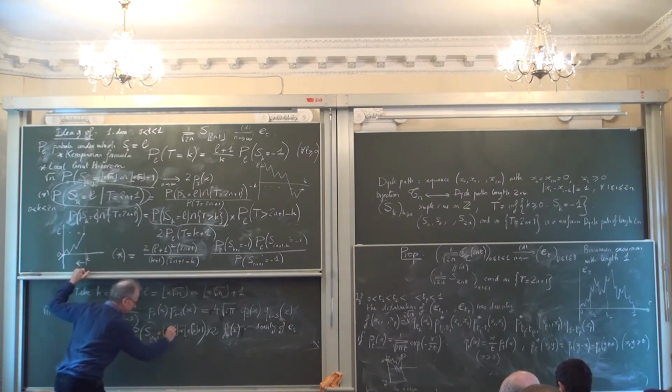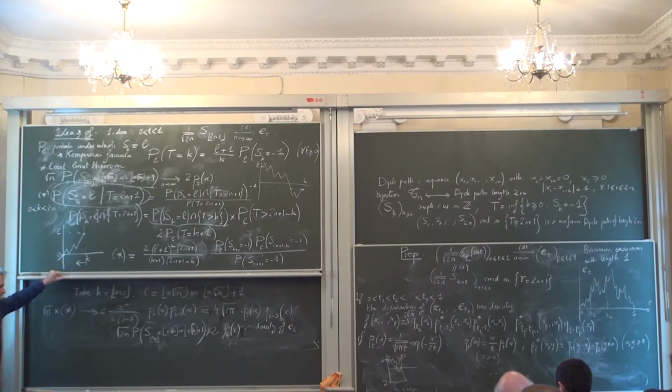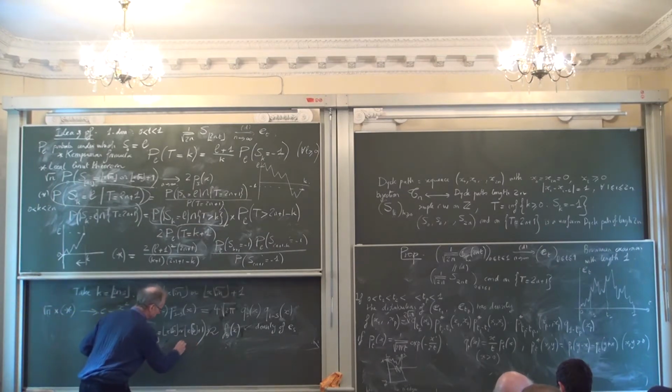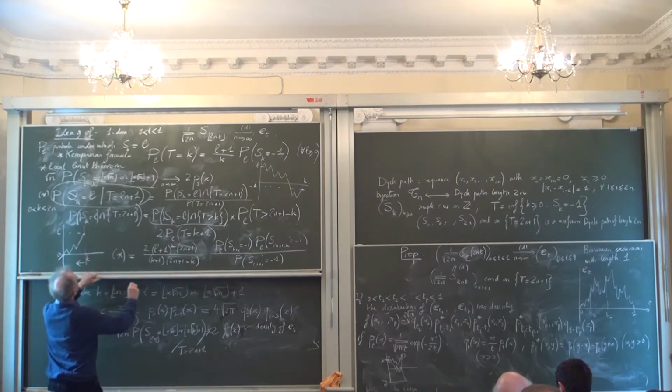Also, I should have taken 2n everywhere. And I forgot the conditioning here. Condition on the event that t equals 2n plus 1. I had the conditioning here.